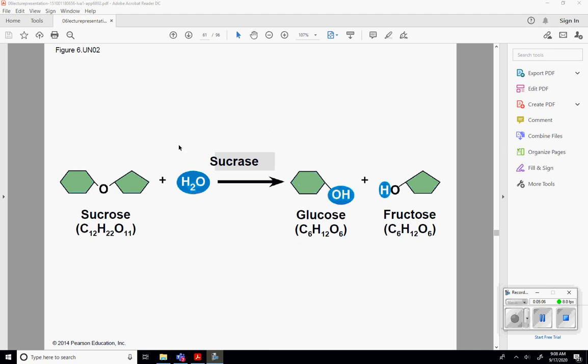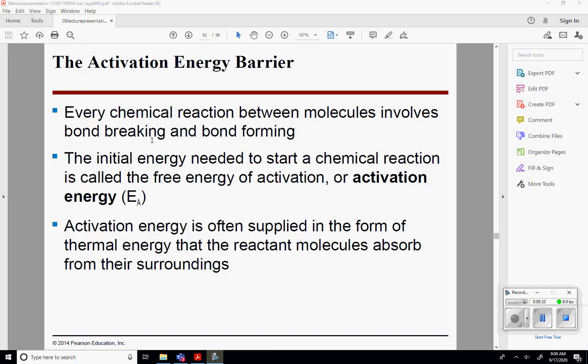Now, if this was to work backwards, instead of hydrolysis happening here, you're taking a water molecule out in a dehydration reaction to make sucrose. Every chemical reaction between molecules involves bond breaking and bond forming.